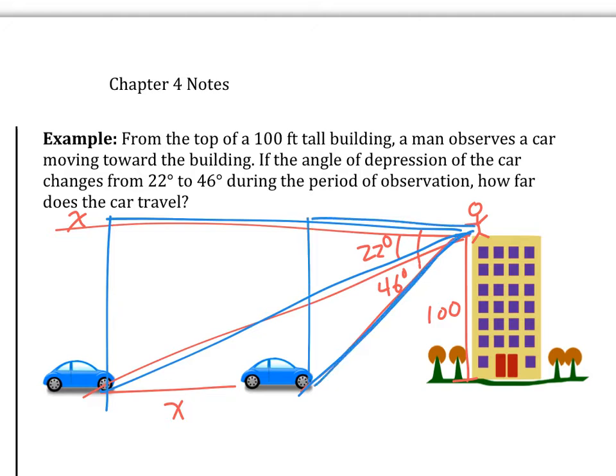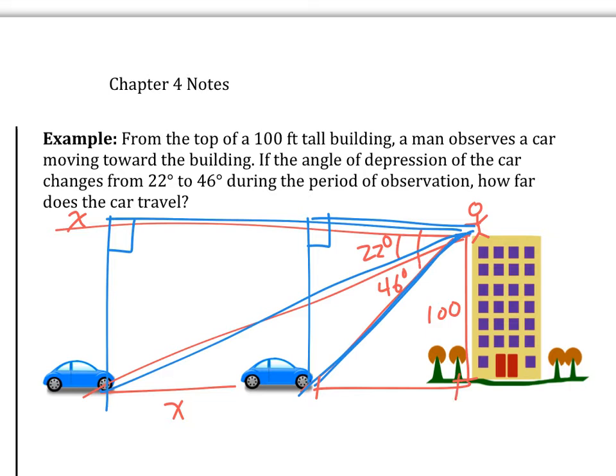This part. Okay, so we have two angles here. So we can't really find x by itself because the triangle that would be made with x is this one, and that is not a right triangle. So there's nothing we can do to solve that. So what we want to do is utilize the triangles that we do have.